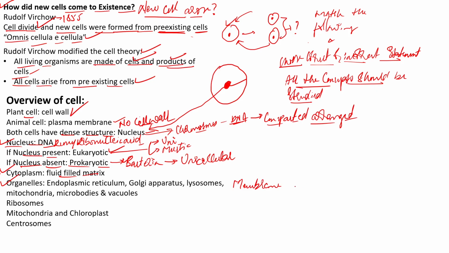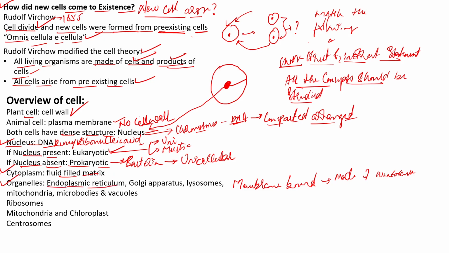It means that they are mainly made up of membranes. So we have organelles, and they mainly include the following.